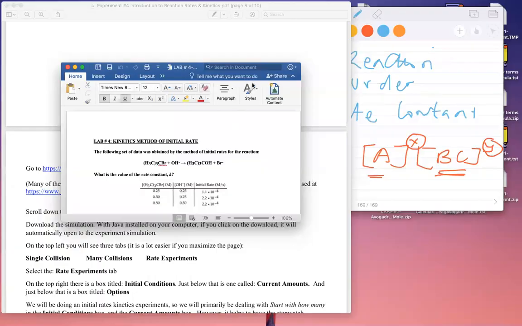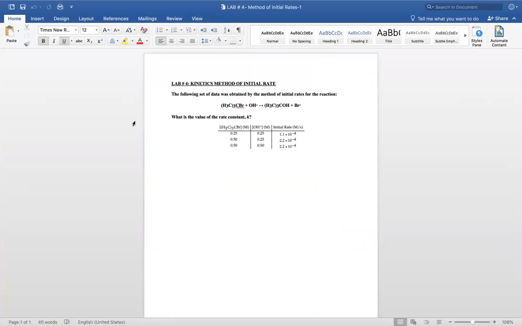If you look on your screen, the problem is we need to find the rate constant for this reaction. There is no way you can find the rate constant unless you use the method of initial rate to find the reaction orders, with respect to the first reagent and with respect to the second reagent, hydroxide, in order to get the rate constant. Let me show you how the method of initial rate works.